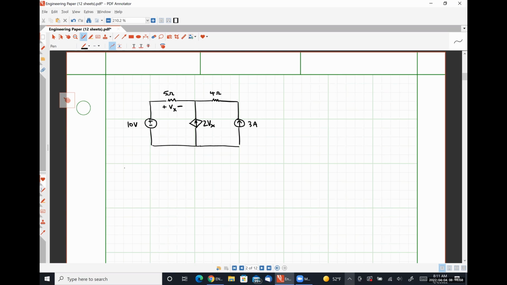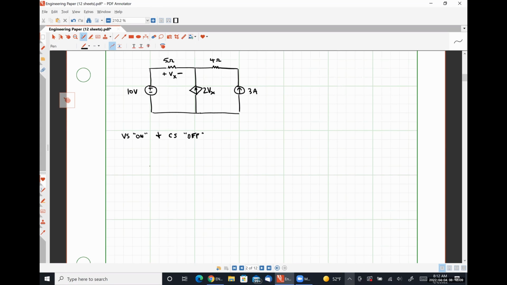So with voltage source on and current source off, this is going to look like our 10 volt source in series with our 5 ohm resistor.